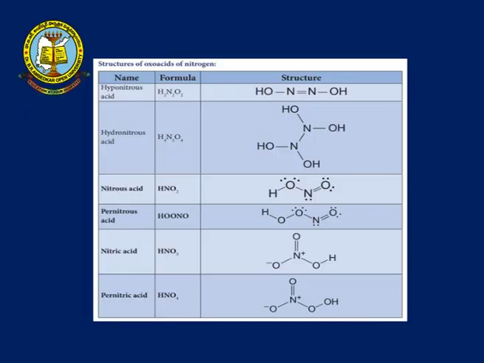So, the oxy acids of nitrogen, directly 2 are important, but indirectly 4 are there: hyponitrous acid H2N2O2, nitrous acid HNO2, nitric acid HNO3 and pernitric acid HNO4. The 4 oxy acids are available, that's the nitrogen oxy acids.